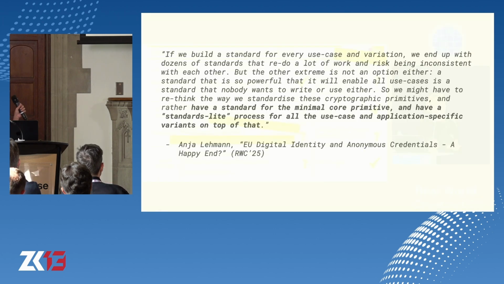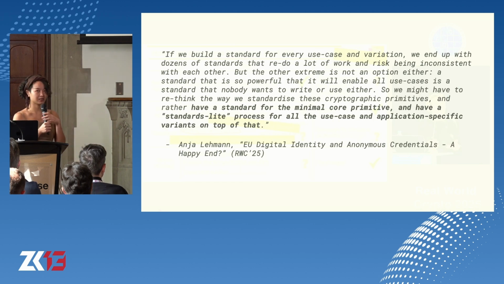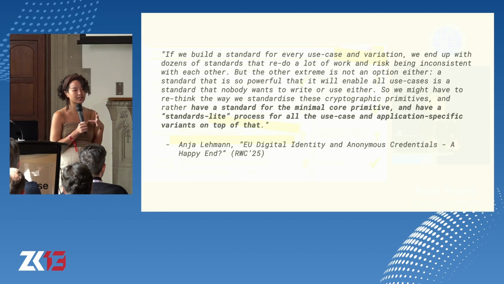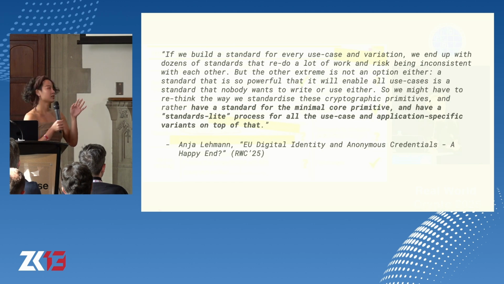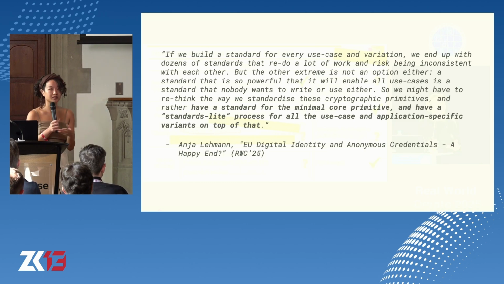So I guess this talk really is putting forth a different vision for the standards process. Instead of standardizing each instantiation of a protocol, we should aim for a higher level of abstraction. And this is something like what Anya Lehman said in her Real World talk, that basically the current standards process is duplicating a lot of work, and it's ending up with multiple inconsistent standards for the same primitive.